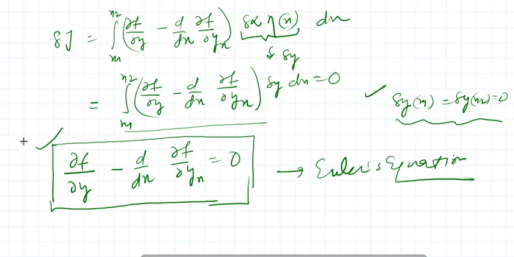So it's a general idea of calculus of variations, and we will use this idea to find the least action. When we use calculus of variations to find the least action, that is known as Hamilton's principle. So in the next lecture I will talk about that. That's all for this lecture.